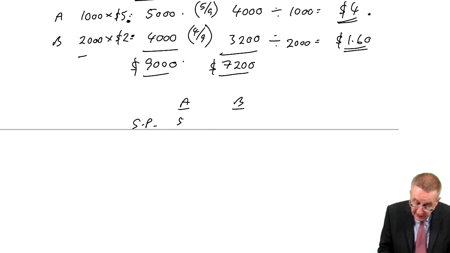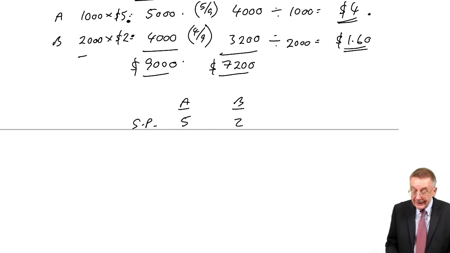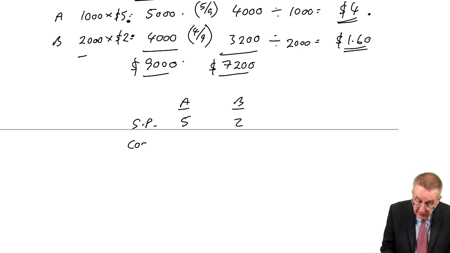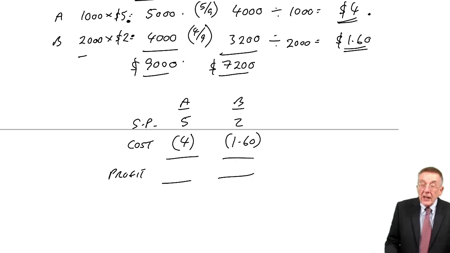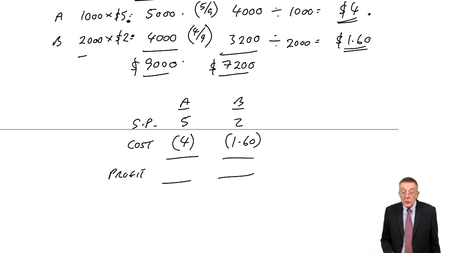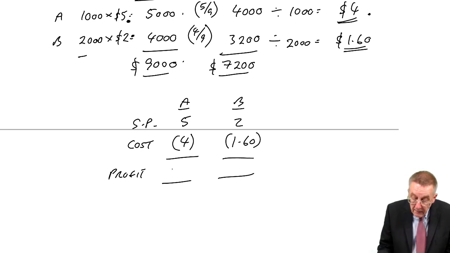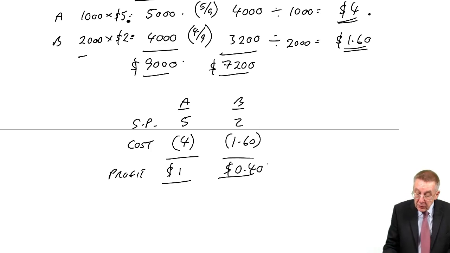Selling price of A is $5 and of B is $2. The cost of A, $4 and of B, $1.60. And so that problem we had before is now removed. Automatically, both products are reporting a profit.